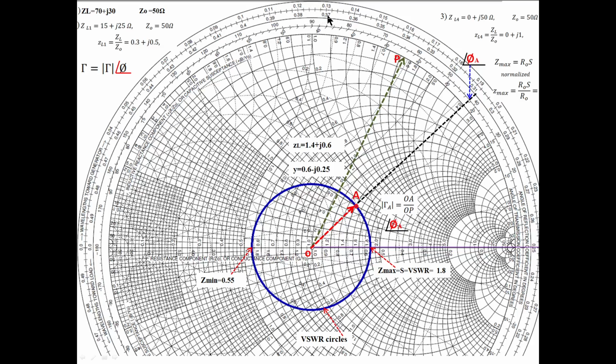They are for distance measurement. If you move towards the load, this is the marking here, measure the distance. And if you move towards the generator to measure the distance, this upper scale we have to use. Above readings are for towards the generator, below readings are for towards the load.